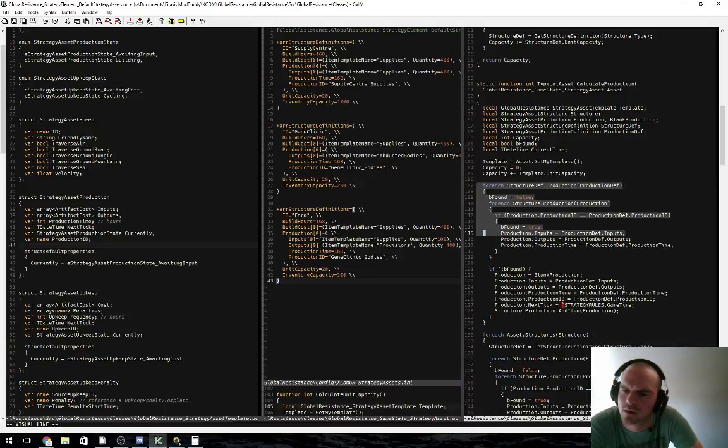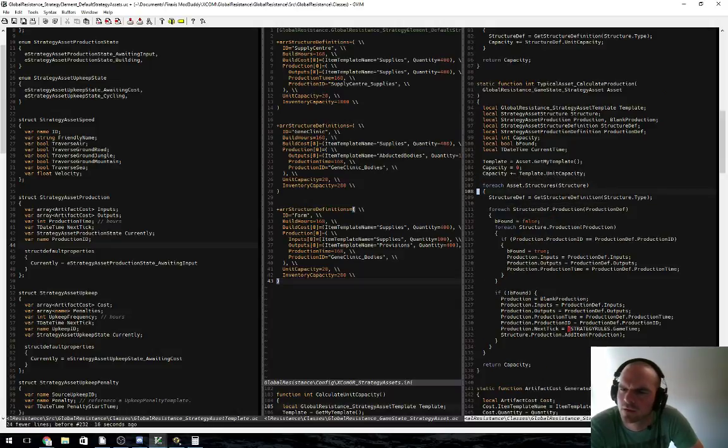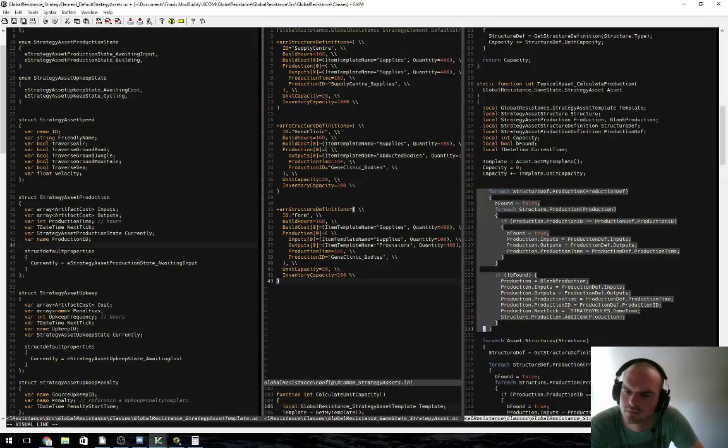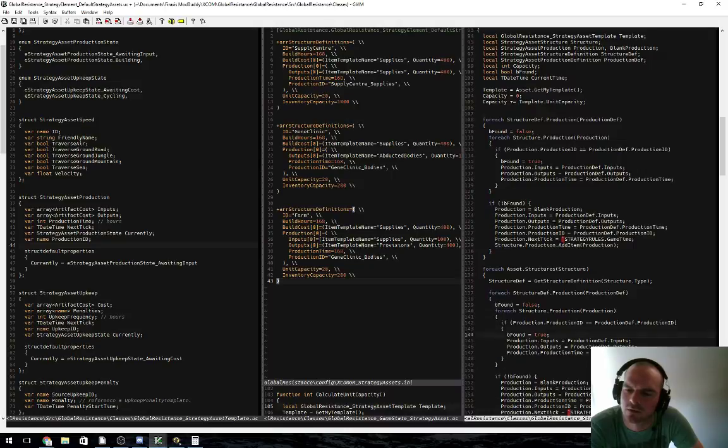Oh wait, oh that's no good. So undo. So yeah, we're not doing that now, we're doing it from the template. And this doesn't actually use the structure def from the template, which is possibly an issue. Well, it is an issue.